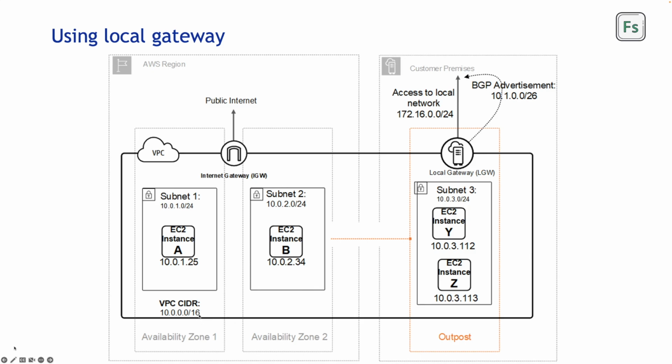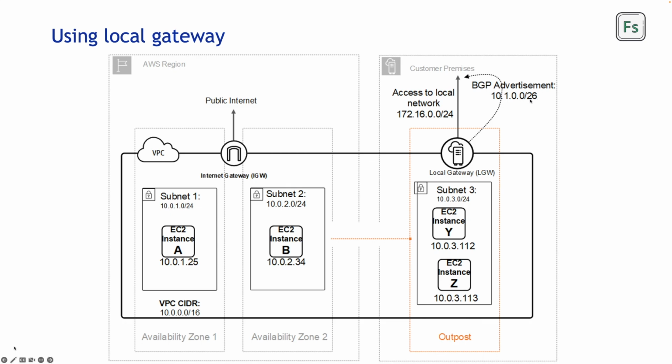So we have these many, and we have given them, let's say, three subnets, /24, /24, /24 here. This subnet 3 is /24, and what we have done is advertised a smaller part of it, which is /26.